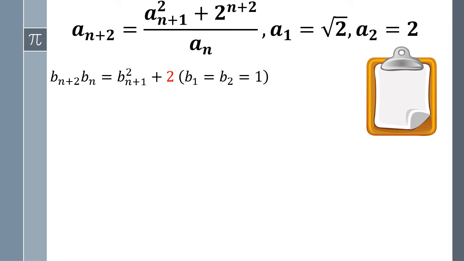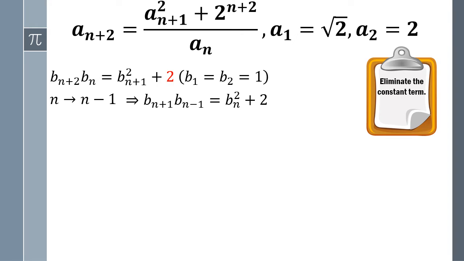In this new recursive expression, I'm still not happy about this constant term. So my next step is to remove it. To do so, I'm going to rewrite this equation by changing n to n minus 1. So it becomes b_{n+1} times b_{n-1} equals b_n squared plus 2.